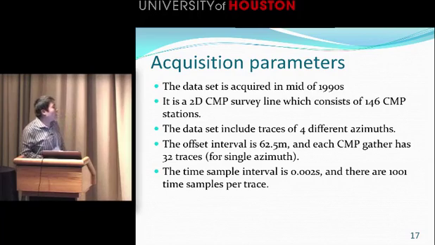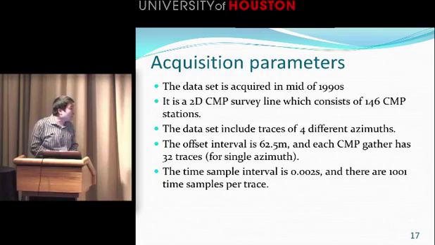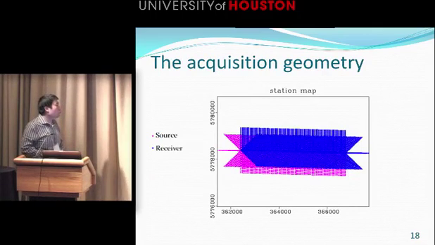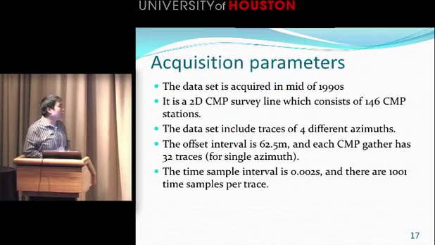The offset interval in each CDP gather is 62.5, and we have only 32 traces per gather. This is a very low fold compared with any modern land dataset. The time sample interval is 2 milliseconds, and we have 1001 time samples in each trace.